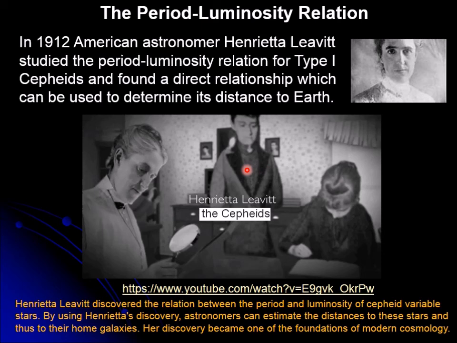They were taking hundreds and hundreds of photographs, and in particular, Henrietta Leavitt was the one that did a meticulous classification of the period and the brightness, the relationship. And in the next video, we're going to see how all of this happened.